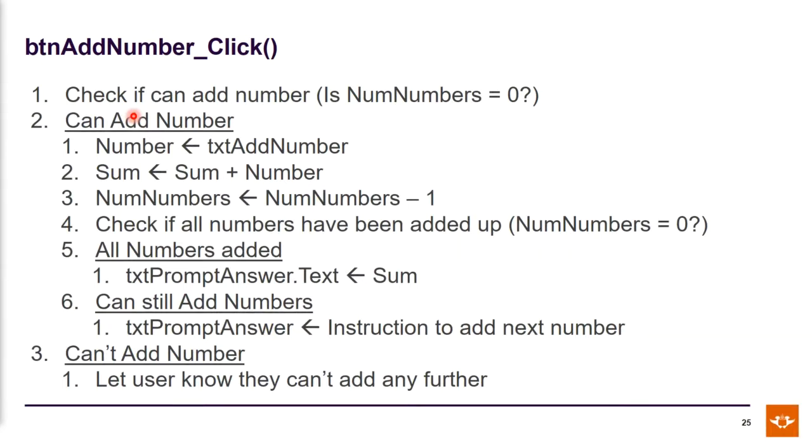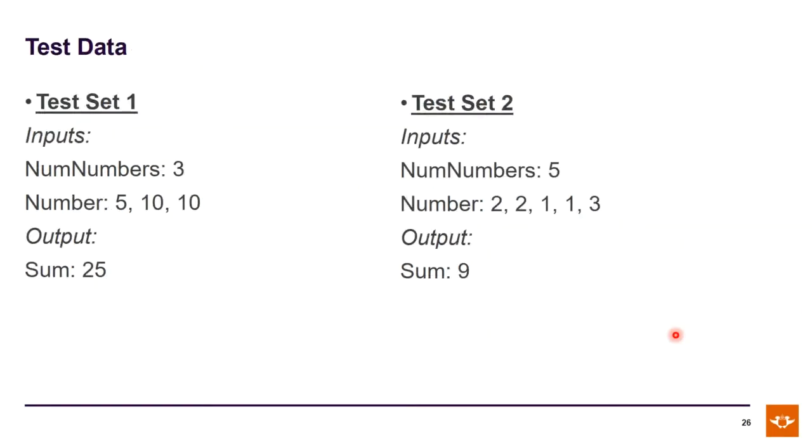Okay, so let's go to the next slide where the actual code is. Okay, before I do that, I just want to talk about this. So your test data, can you see this is an example of test data, 2 sets. You agree that this is okay as test data, or is this terribly wrong?